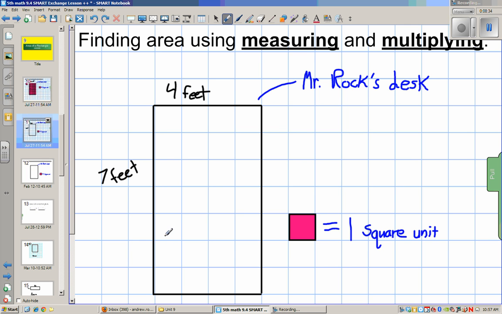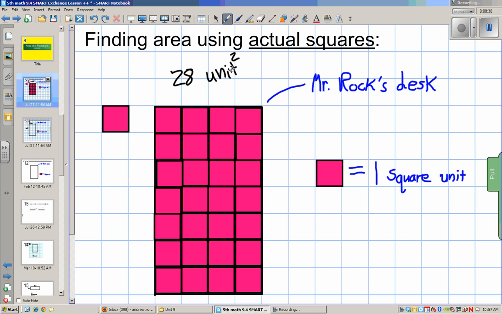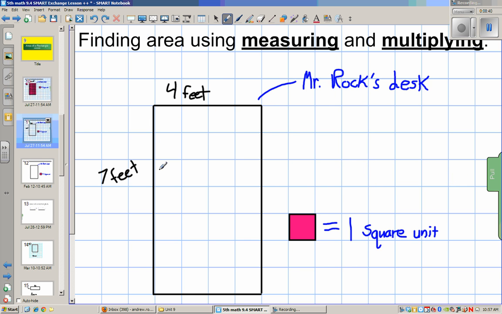Now, you may have noticed, if I go back, we said that the area of this was 28 units squared. Well, you may have already noticed that if I multiply 7 and 4, I get 28. And that is the formula that you can use for finding area.